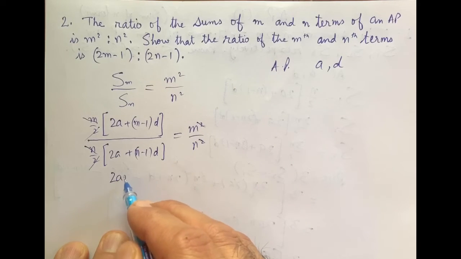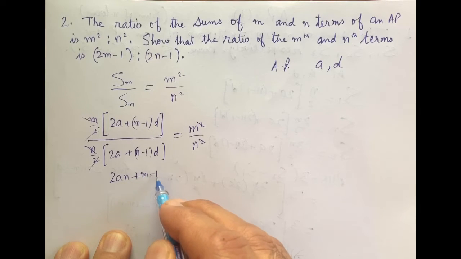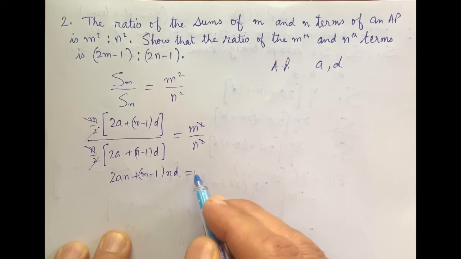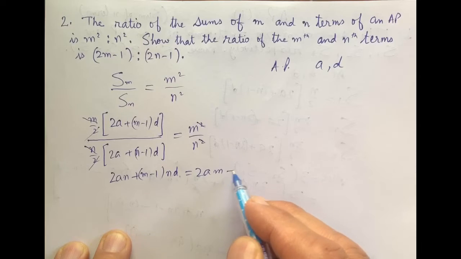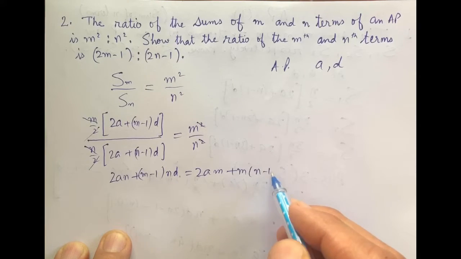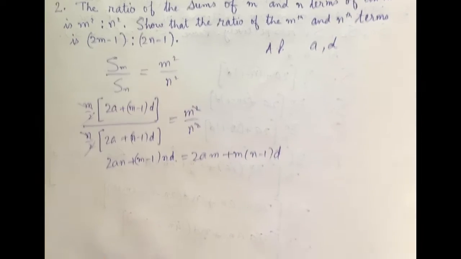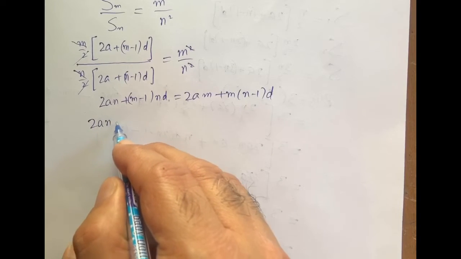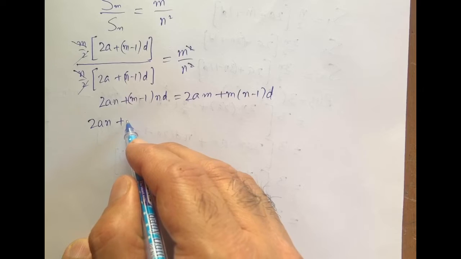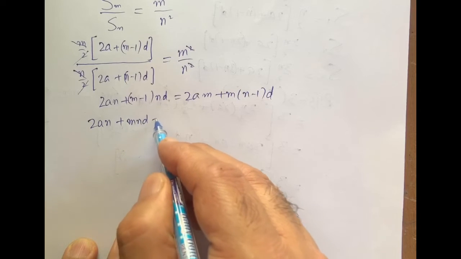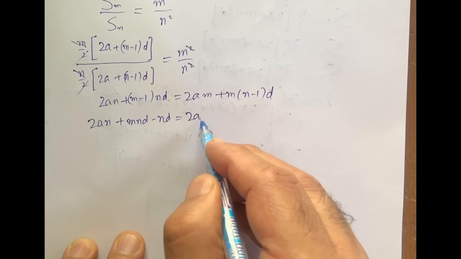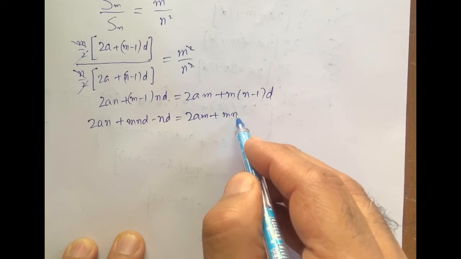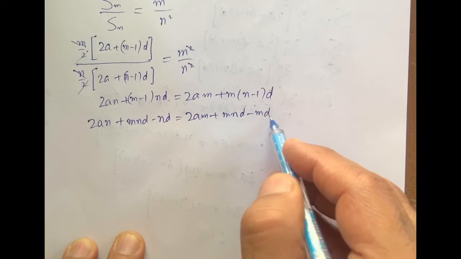Cross multiplying, (2a plus (m minus 1) d) into n equals (2a plus (n minus 1) d) into m. This is 2an plus mnd minus nd, equal to 2am plus mnd minus md.